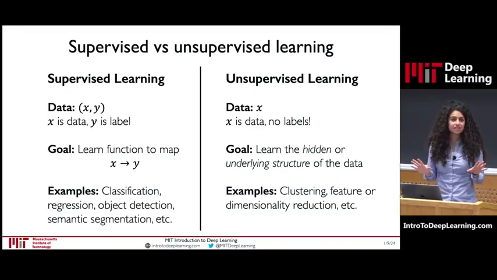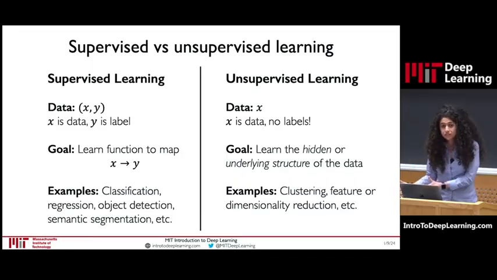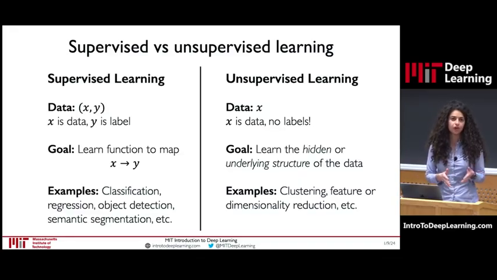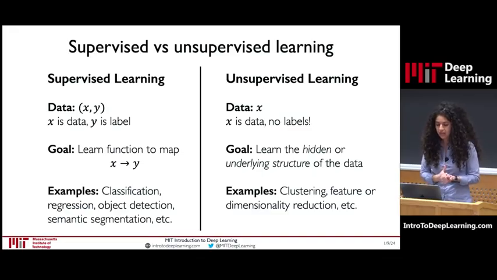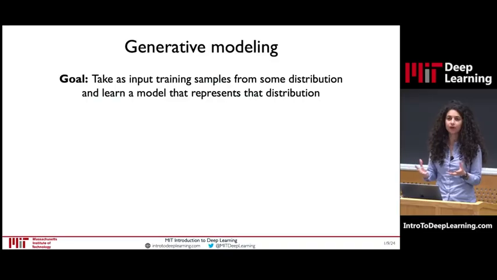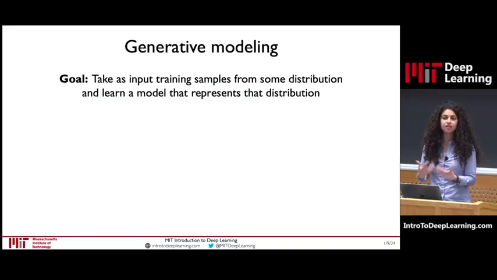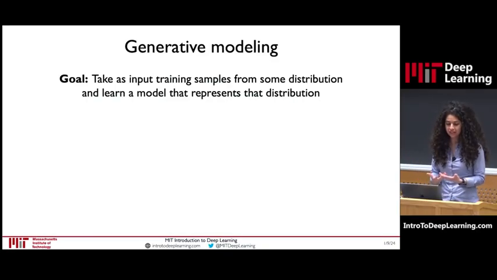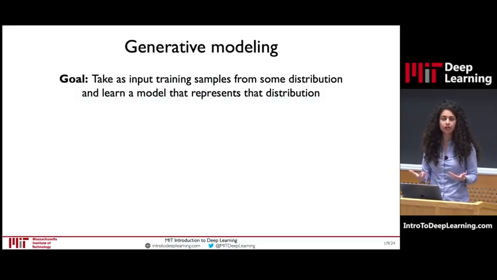This is not necessarily exclusive to deep learning and neural networks; there are other techniques in stats and machine learning that can perform this type of unsupervised analysis. What we're ultimately trying to do is build a neural network that captures something about the distribution of that data, learning a model that represents that distribution.